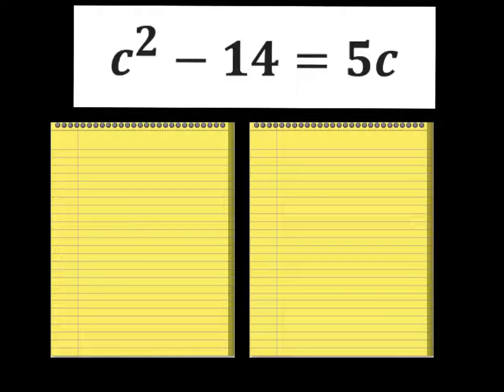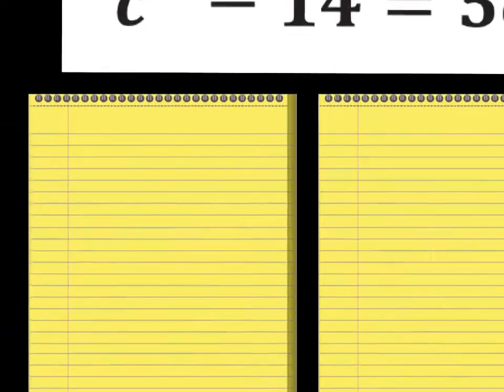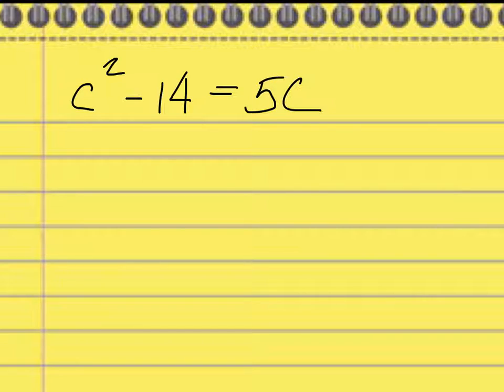The next one is c squared minus 14 equals 5c. So I'll zoom in on this notepad and rewrite that. So c squared minus 14 equals 5c. Remember, you have to get it into the form of ax squared plus bx plus c equals 0.